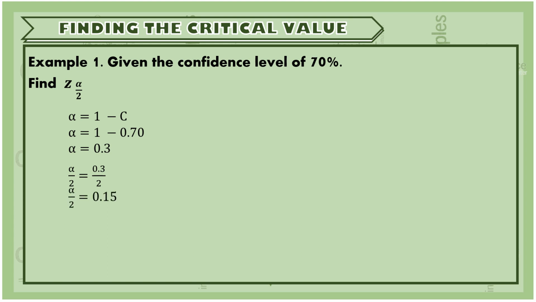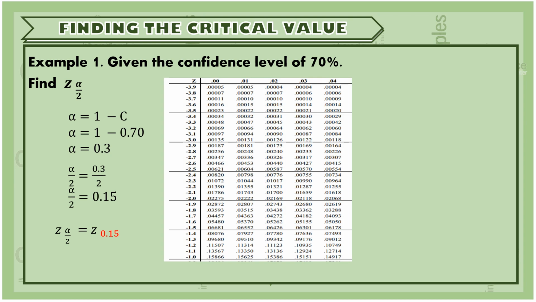Step 5. Find the corresponding z-score using z-table from the result of alpha over 2, wherein the nearest area of 0.15 is located at negative z-table, which is 0.15151, with corresponding z-score of negative 1.03.